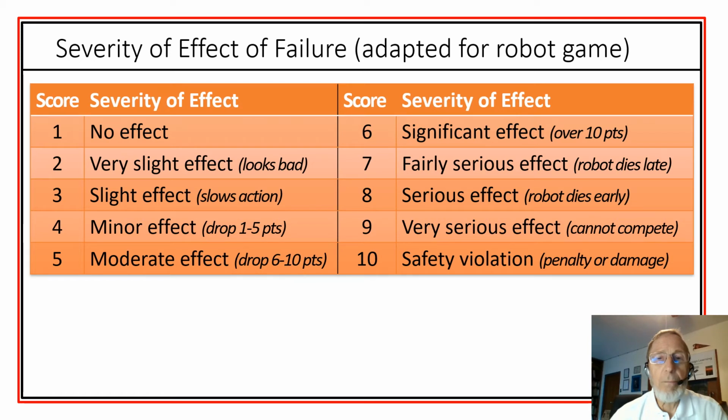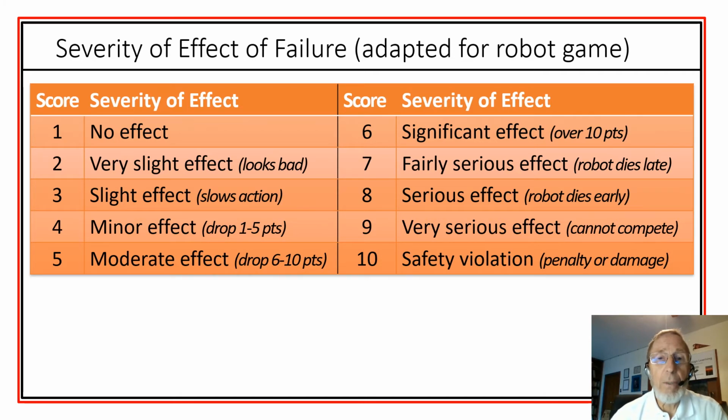And in the smaller italicized print, I've attempted to give you some examples of how you might characterize each of these levels of severity. So for instance, a score of 2, very slight effect, you might say, well, it's very slight, it looks bad, something didn't look like it worked well, but it really didn't have any effect on how things performed. So a 2 is appropriate.